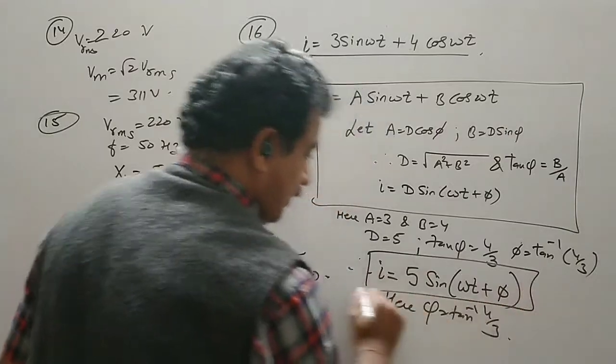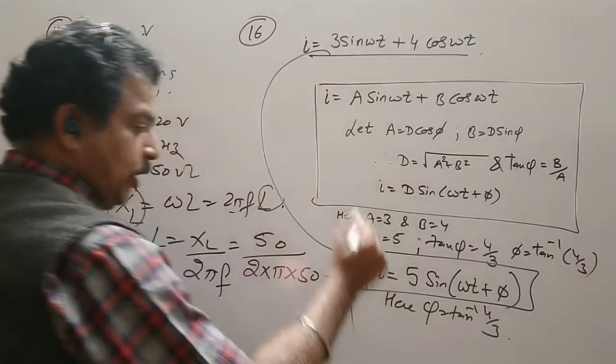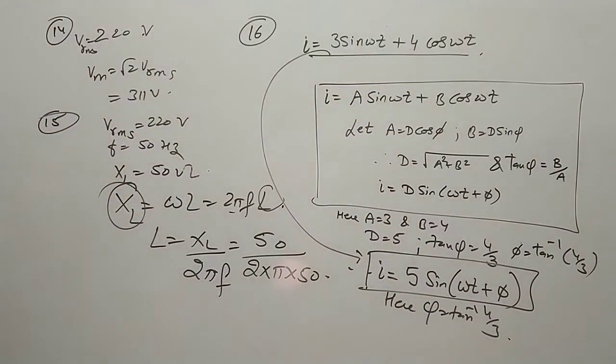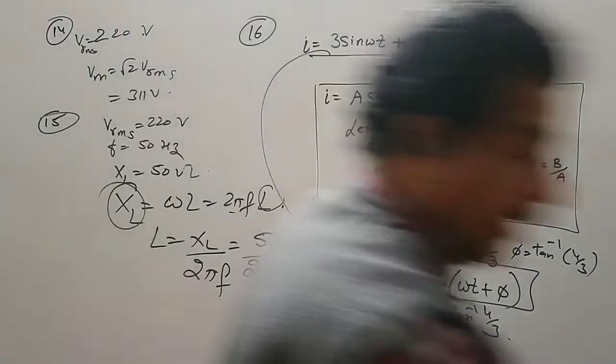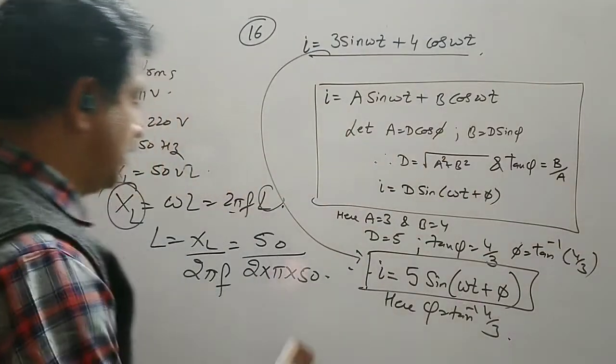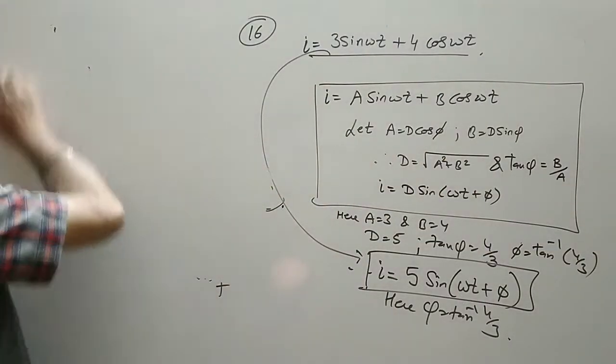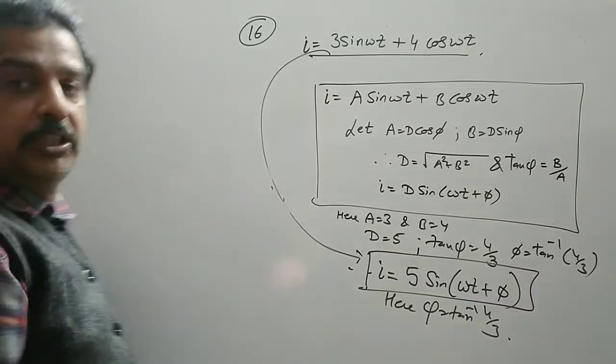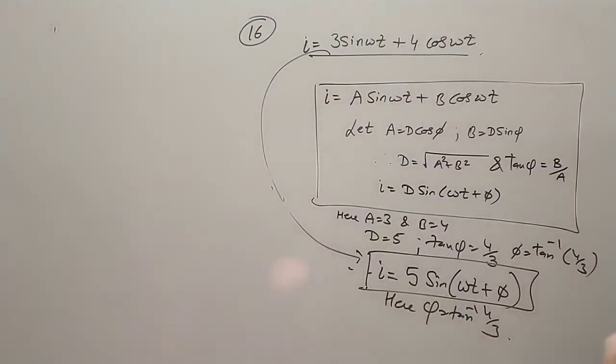So the equation is converted like this into a single sinusoidal function, because we want to find out whether the circuit is inductive or capacitive, as the options are given here. So you have to convert this sine cosine combination into a single sinusoidal function.